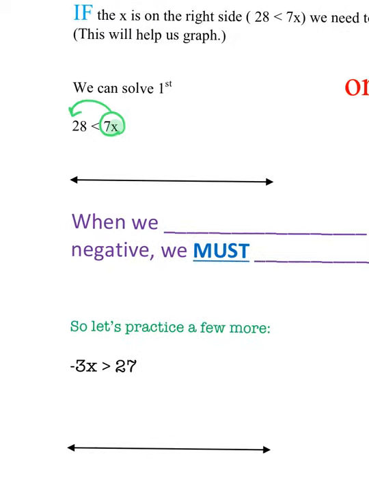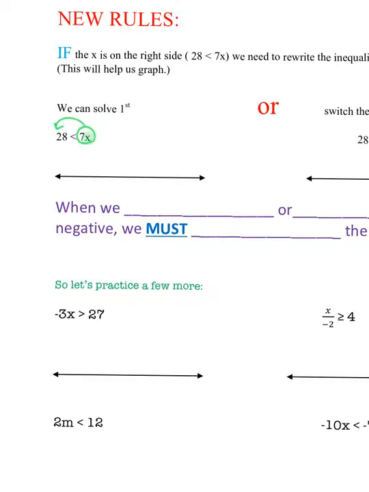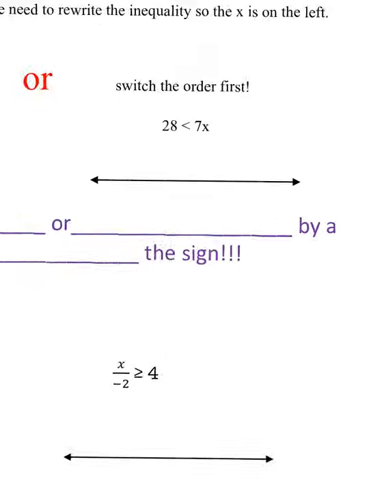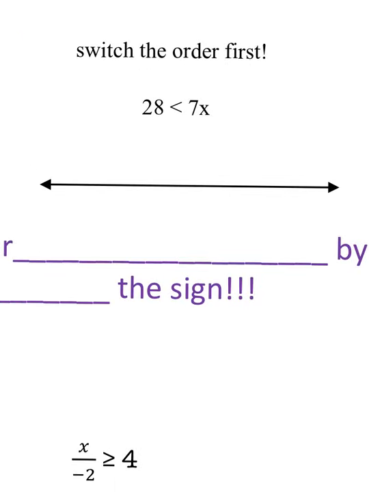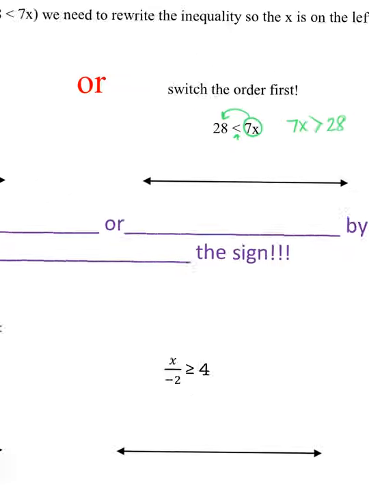So we can solve first, or we can switch the order first. So if we switch the order first, we're going to put that over there, and we're going to have 7x. But remember, we have to switch the sign, is greater than 28. That's switching the order first.